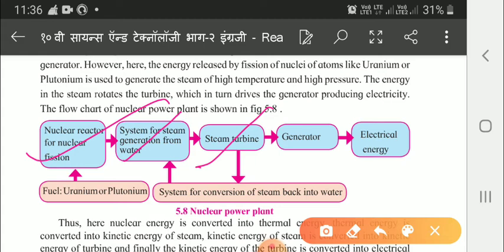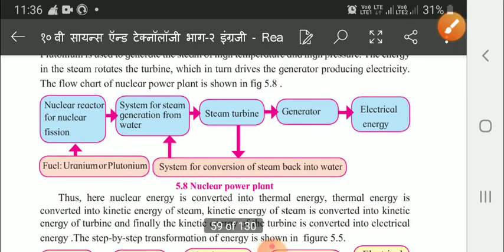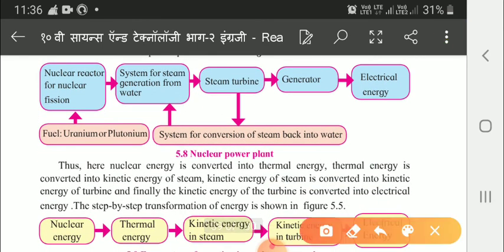It drives the generator, which in turn produces the electricity. Here you can see a system for the conversion of steam back into water, and the fuel used is uranium or plutonium.